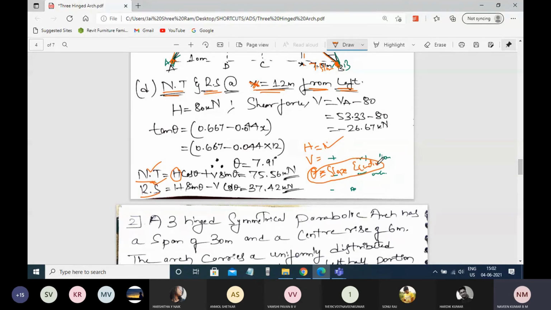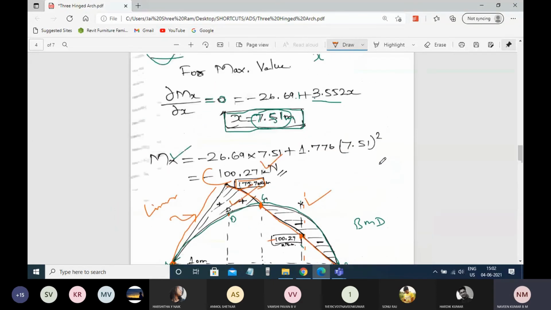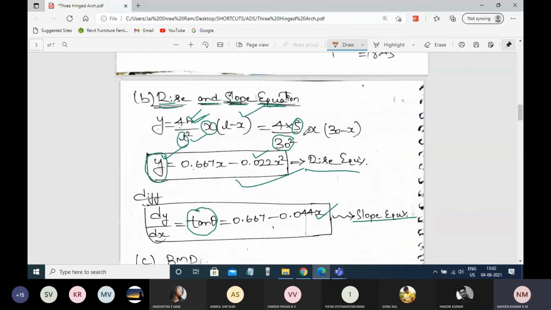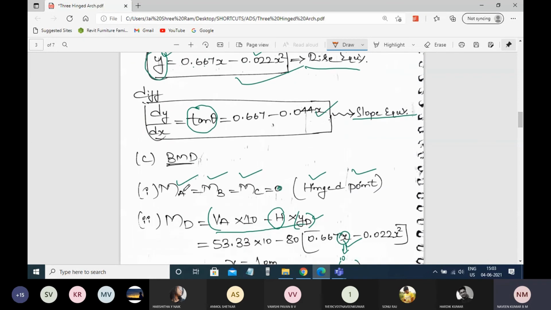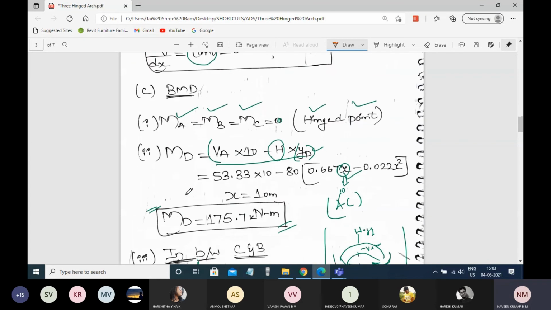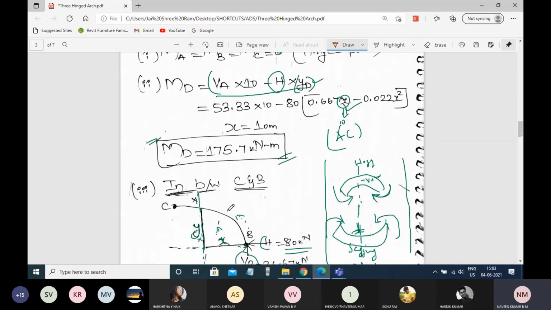I hope now it is clear why you require the slope equation as well as the rise equation. The rise equation can be utilized to find the bending moment, and the slope equation is utilized to find the normal thrust as well as radial shear.